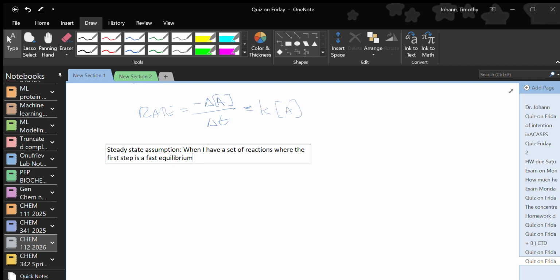And the second step is slow. We can assume that the products of the first step are constant, the concentration of products.